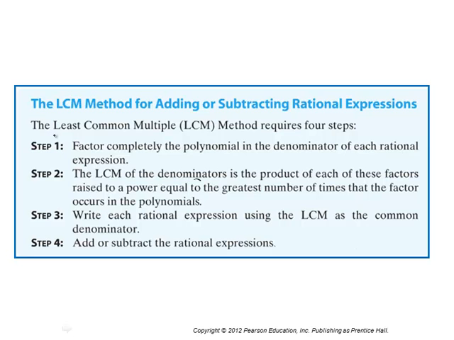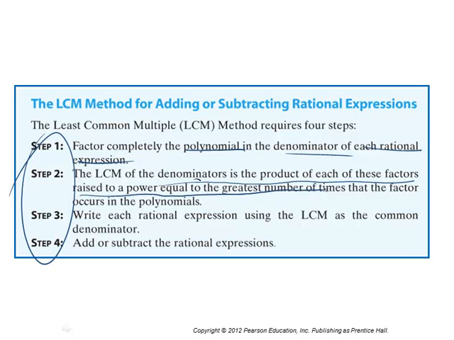And this is a quick recipe for finding the least common multiple of two polynomials. You factor completely the polynomial in the denominator for each rational expression, for each of the fractions. The LCM of the denominators is the product of each of those factors raised to a power equal to the greatest number of times that the factor occurs in each polynomial. We'll see an example here in a minute.